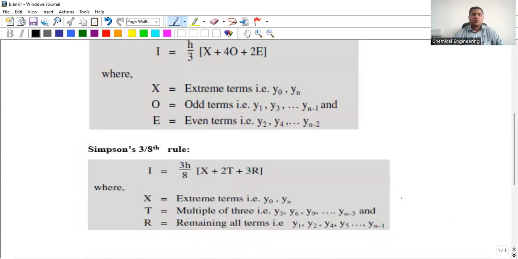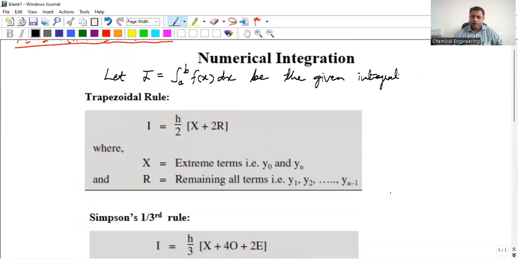Yes, sir. So in the trapezoidal rule, there is no restriction on n, the number of subintervals.